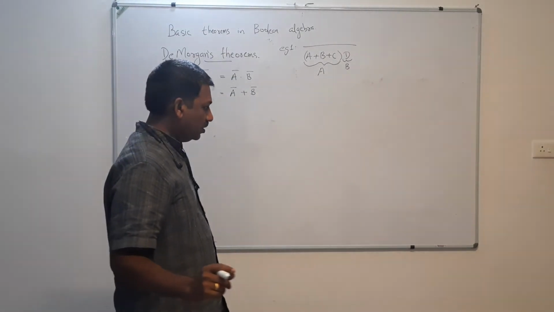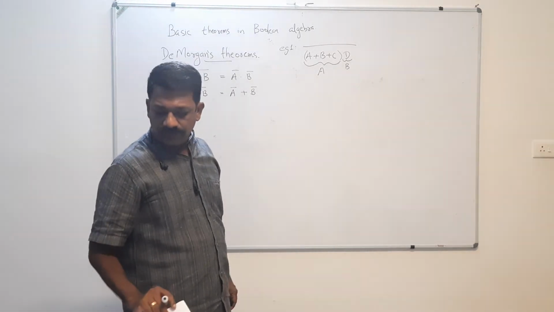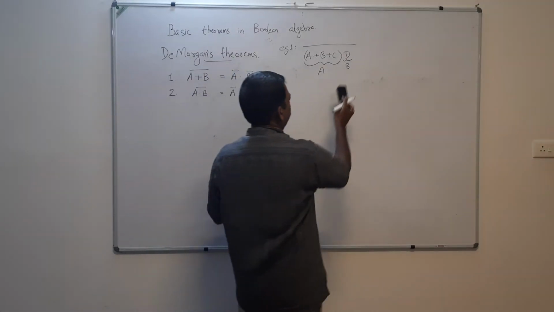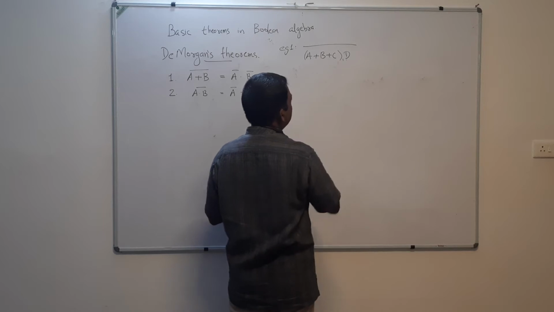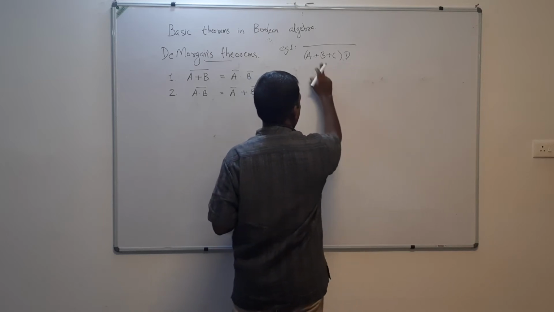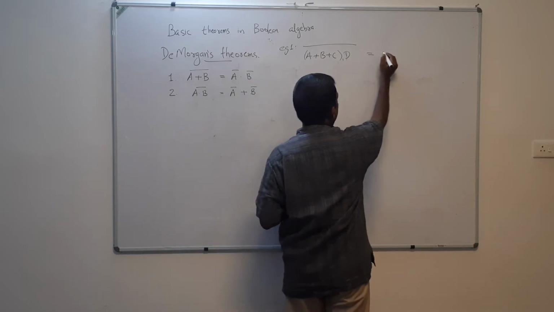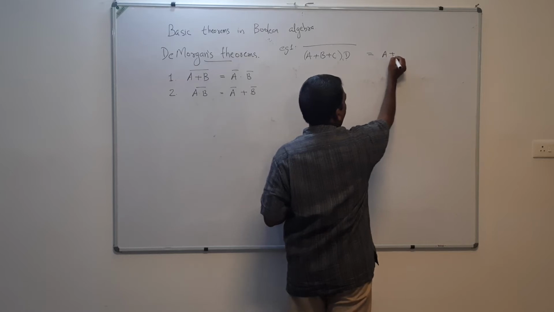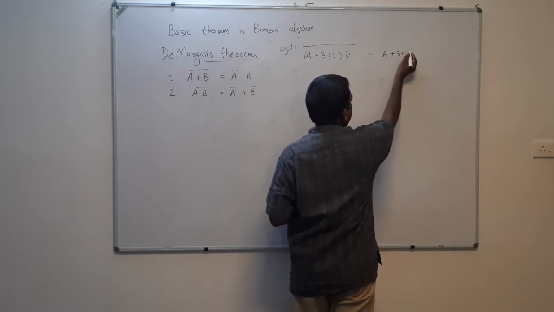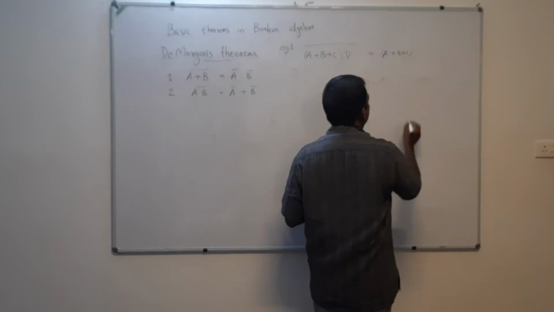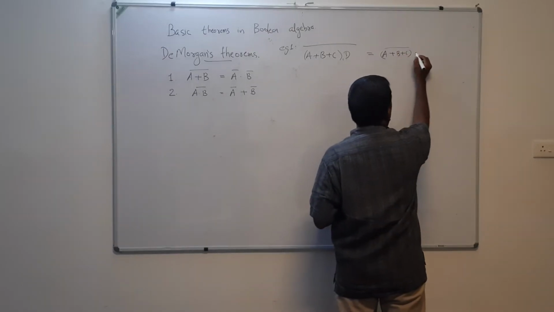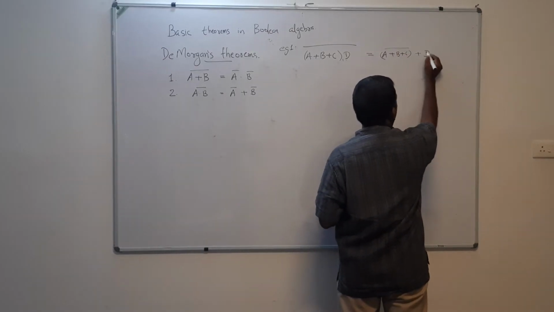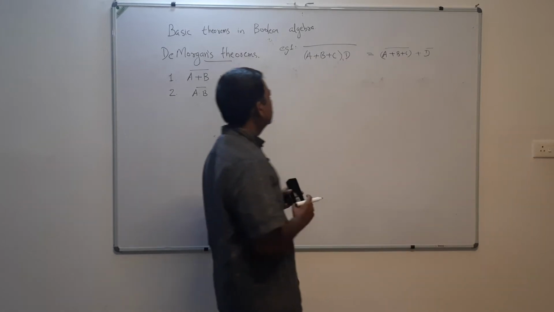Now what I have to do is treat this as A and this as B. A dot B the whole bar is equal to A bar plus B bar. That is A plus B plus C the whole bar plus D bar.